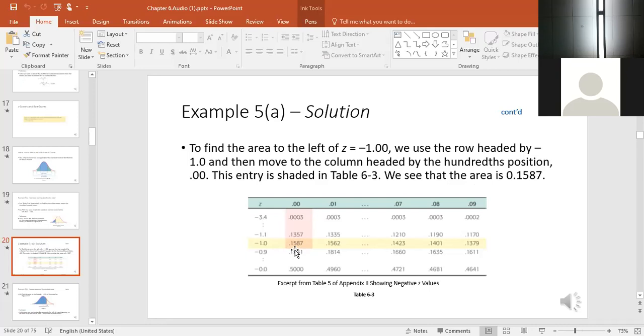So you go to second function, distribution, like we did for binomial. You know, second function distribution, or VARS. And then the first one is normal PDF. Forget that, we don't use that. Then we want normal CDF because we are accumulating, it's the total area to the left of -1.